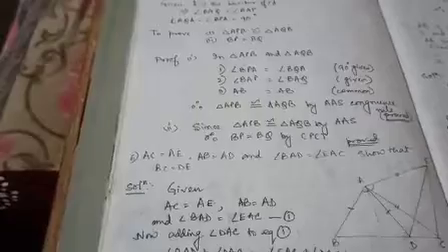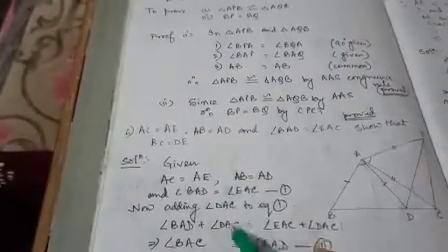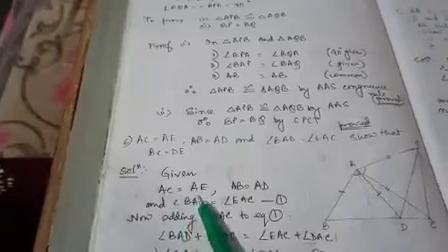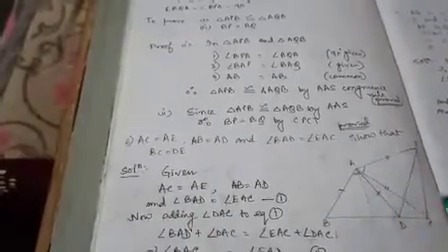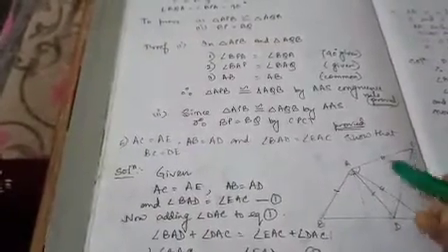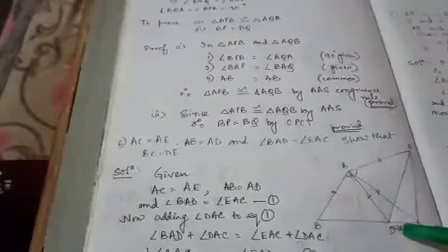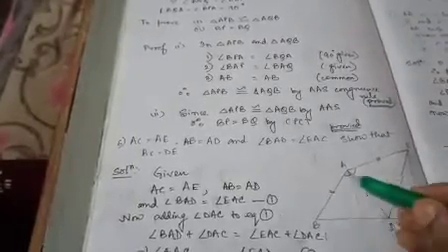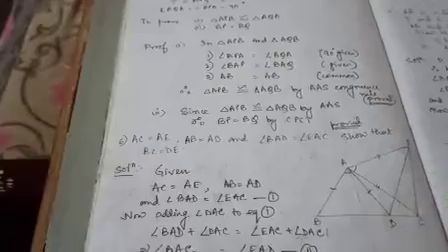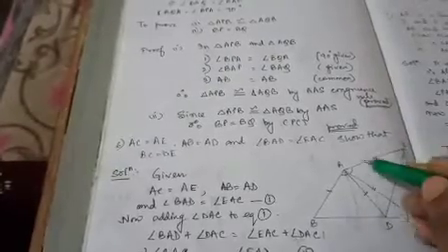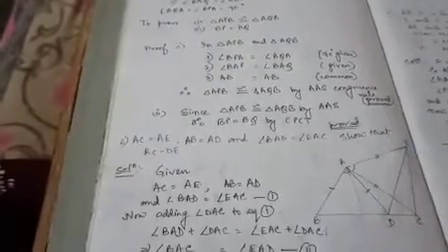First we are going to write the given. So all these are our givens: AC is equal to AE, AB is equal to AD, and angle BAD, that is this angle, is equal to angle EAC, that is this angle.